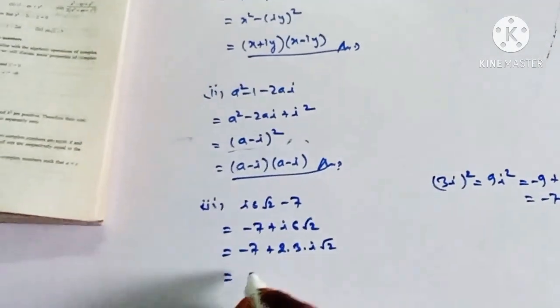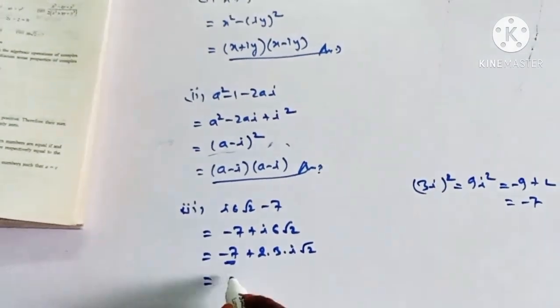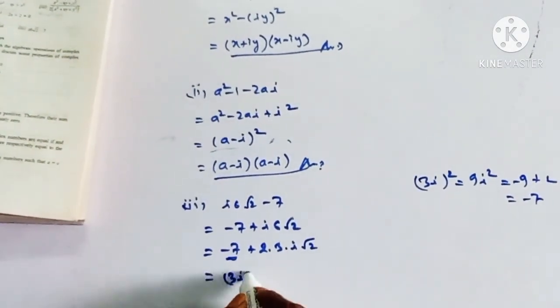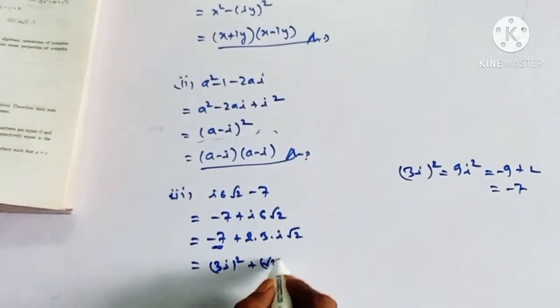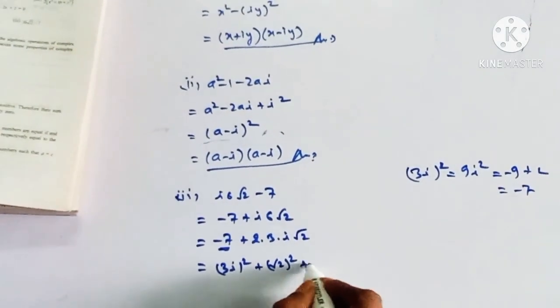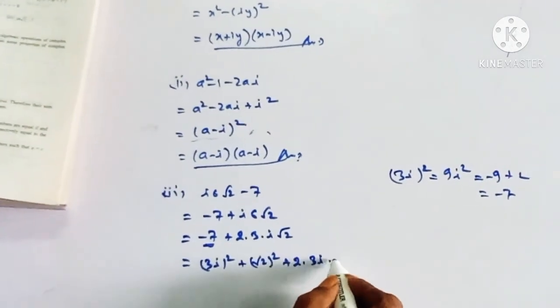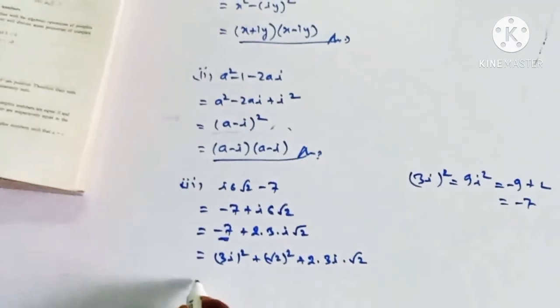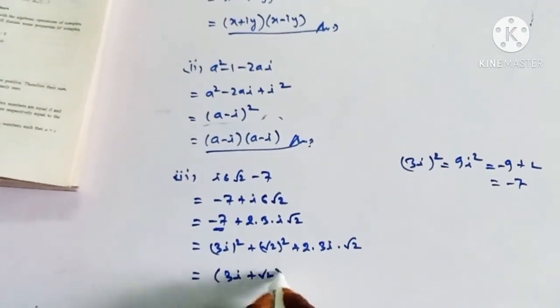So I can write like this. Instead of 7, I can write (3i) the whole square, plus (root 2) the whole square, plus 2 into 3i into root 2. So this becomes (3i plus root 2) the whole square.